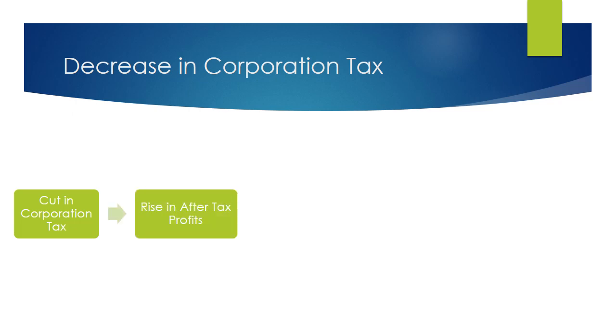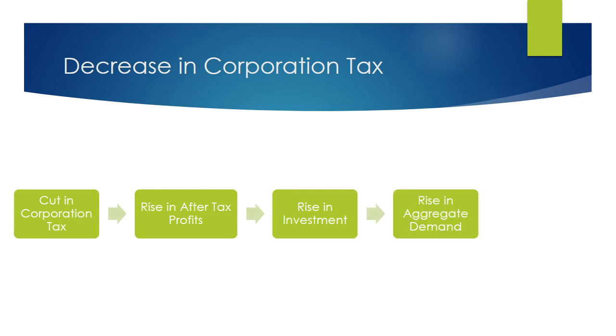This will then encourage investments, which would then stimulate aggregate demand, as investments is a component of aggregate demand. Similarly, if there is a cut in corporation tax, firms get to keep more money after paying their corporation tax, which could lead to further reinvestments into the economy. This is also counted as investments in the aggregate demand calculation. Therefore, with a rise in aggregate demand, this will lead to economic growth.